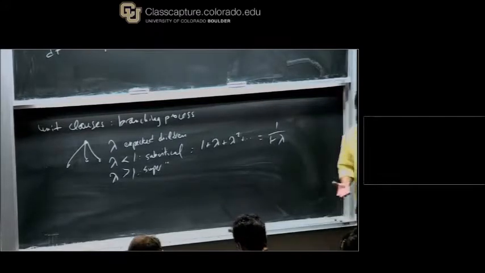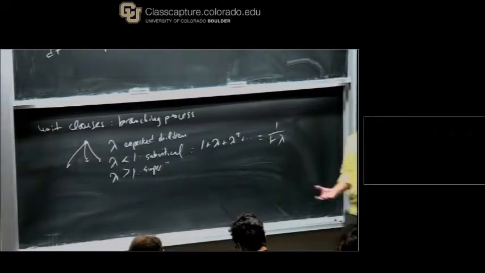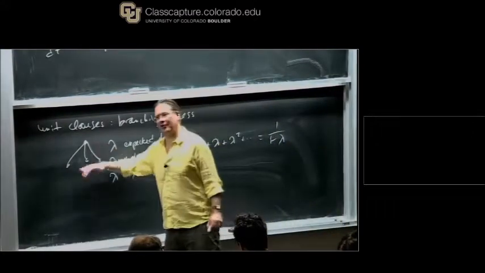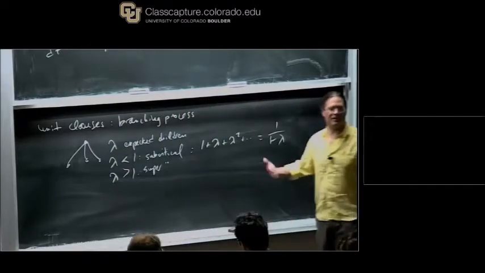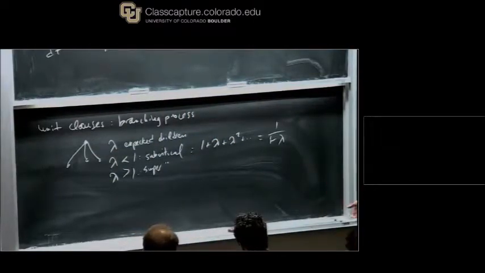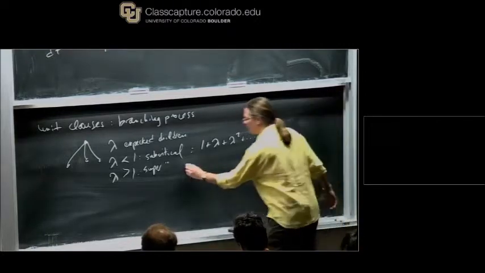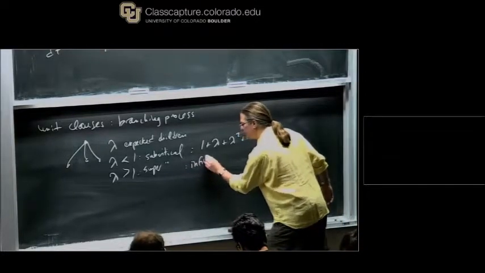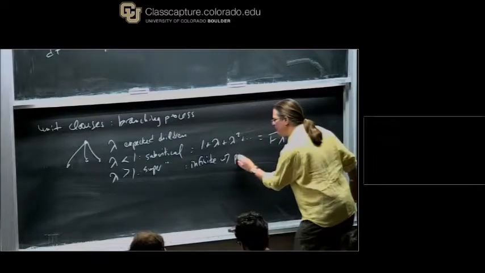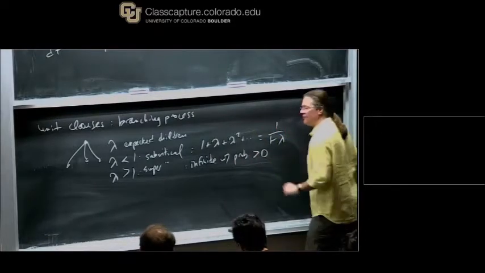It might happen that you die out. I mean, after all, if the number of children is Poisson distributed, then with probability e to the minus lambda, you have no children. But it's also true that it is infinite with some probability which is bounded above 0.